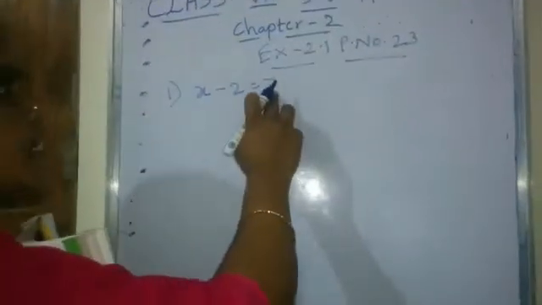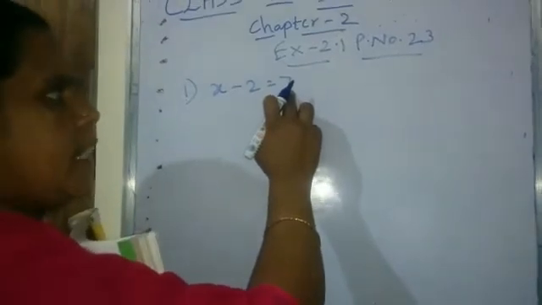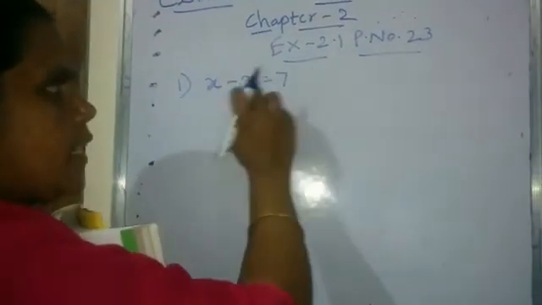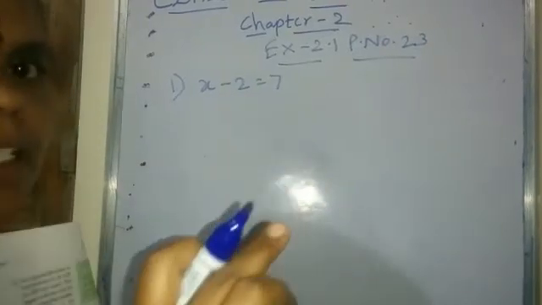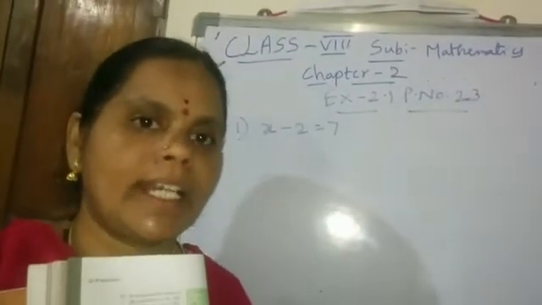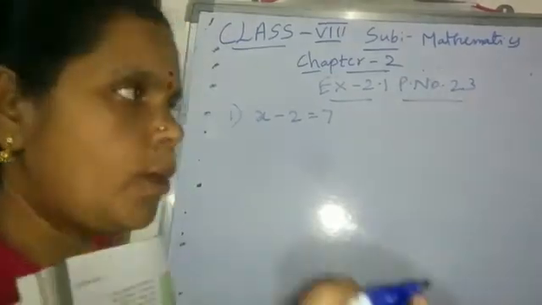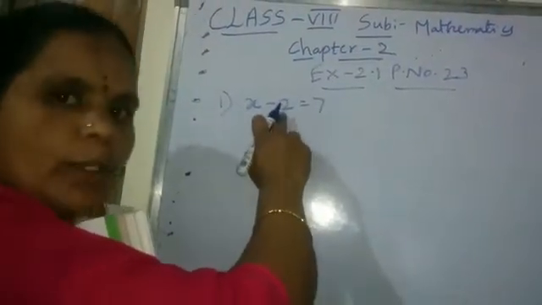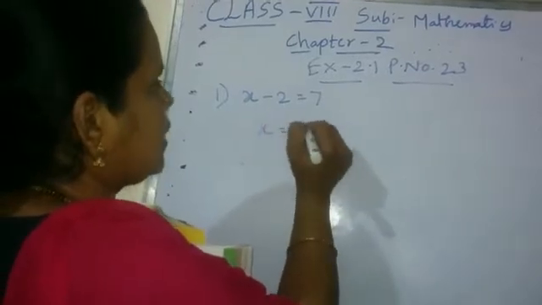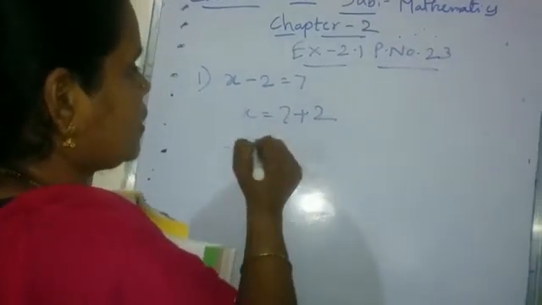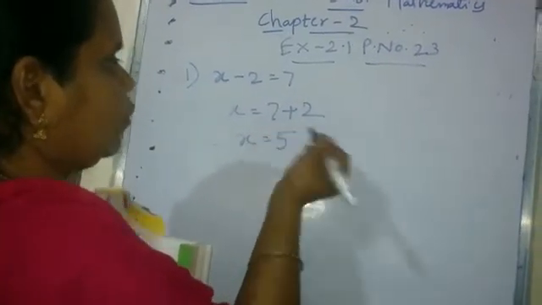Here the constant will be on your right hand side. Now transpose the constant. Here the constant is minus 2. Transposing means a positive value becomes negative and a negative value becomes positive. So minus 2 becomes positive. x is equal to 7 plus 2, then x is equal to 5.